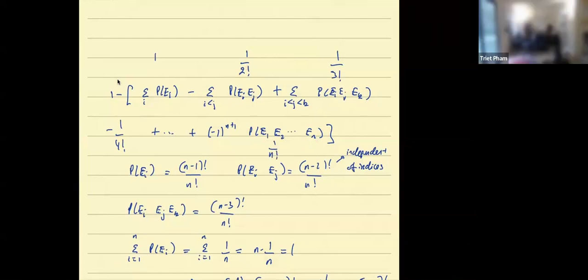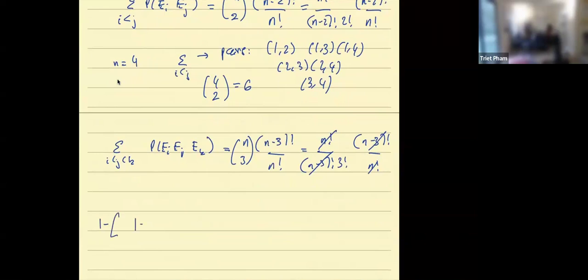So let's write that. So basically we have 1 minus 1 over 2 factorial plus 1 over 3 factorial, and so on, and then minus 1 to the n plus 1.